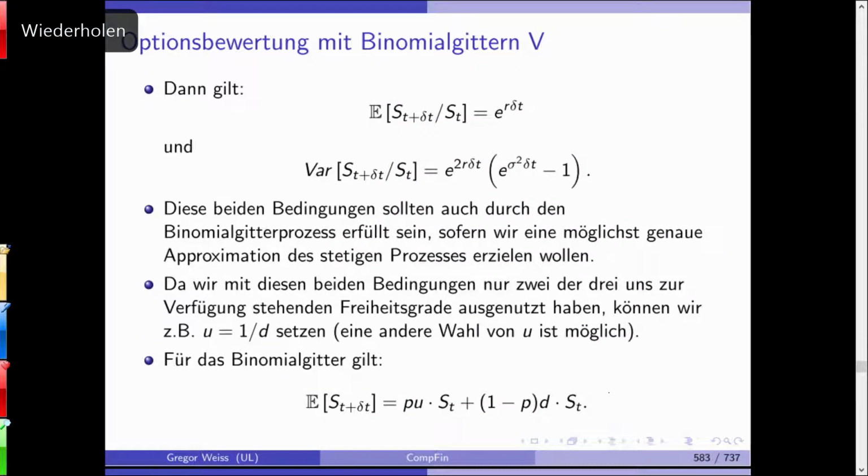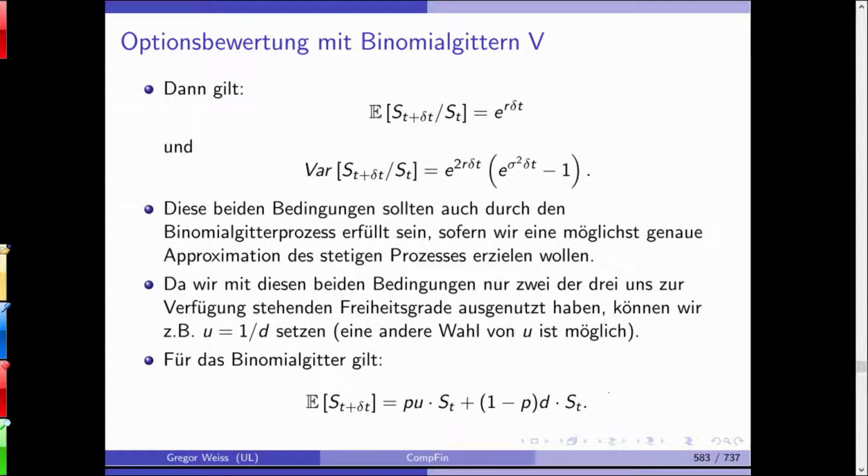Ideally, we would see that here the expected value of the relative return, or the discrete return, is the exponential function of R ΔT. The variance can also be calculated with this. Now, these two should be equal for the discrete approximation as well.